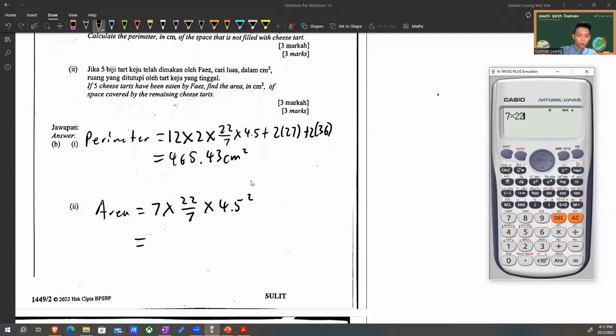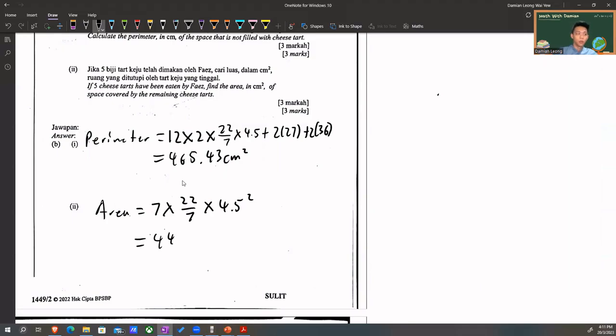It is 445.5 cm square. Just like that. So it's just circumference and area of circles here.